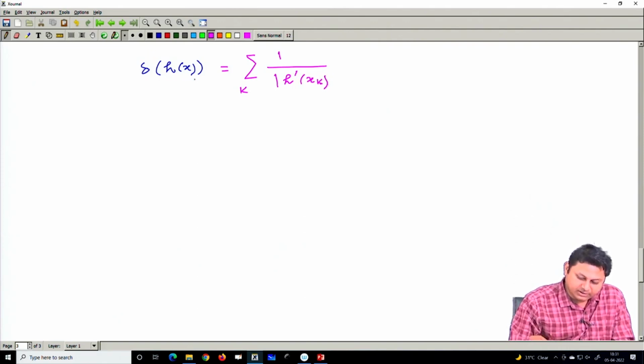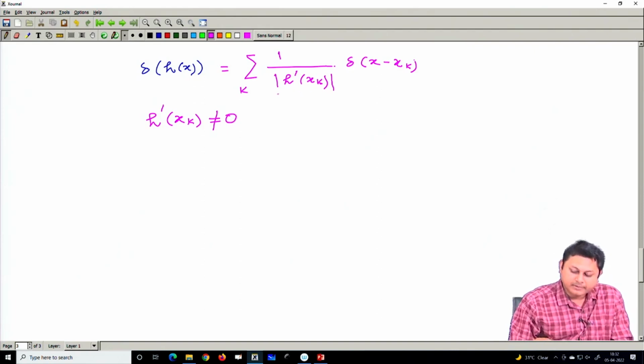Whatever the equation we have, if we find the root where this function vanishes, that value, and then delta of x minus x k, under the condition that when you put the root in the derivative of this function, this thing should be not equal to 0.